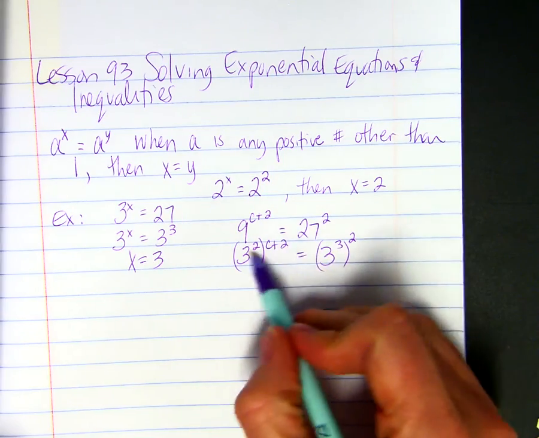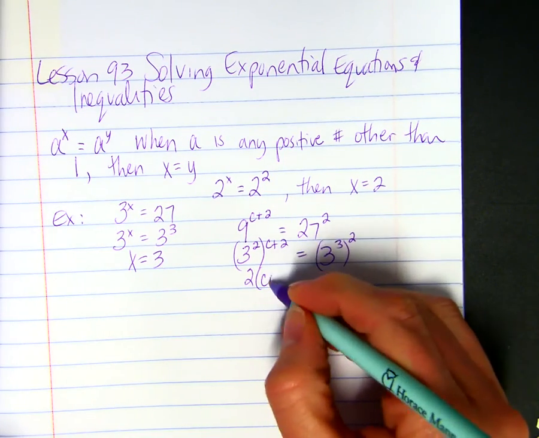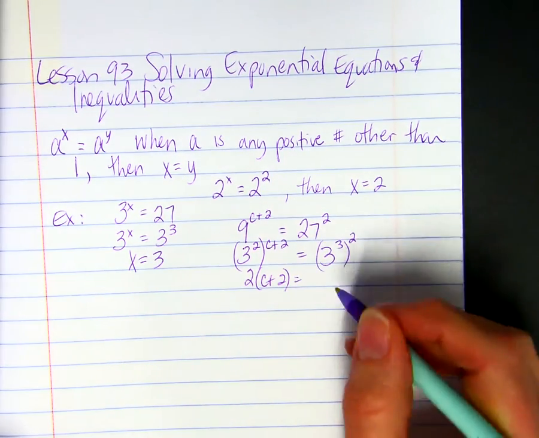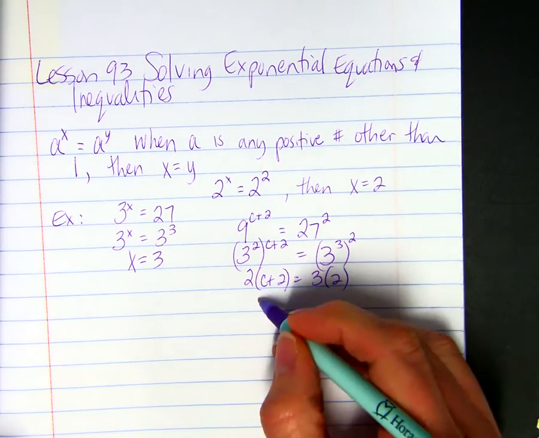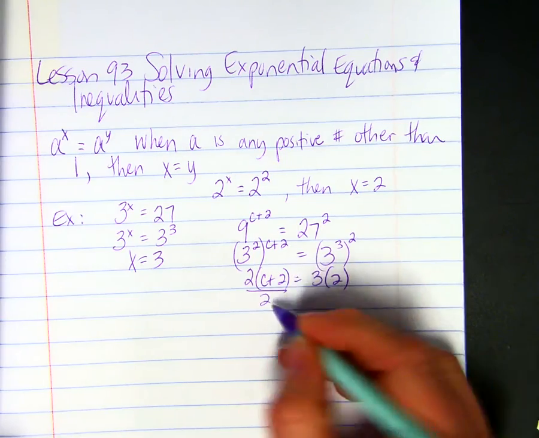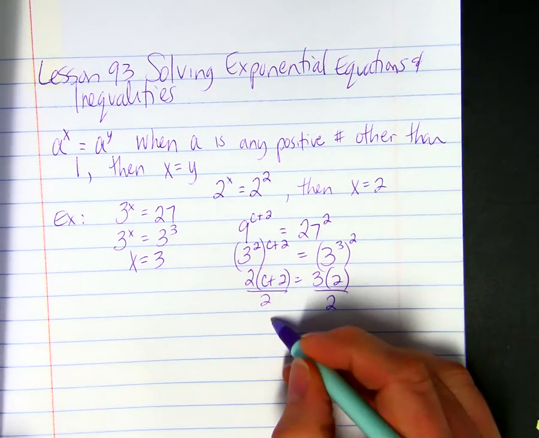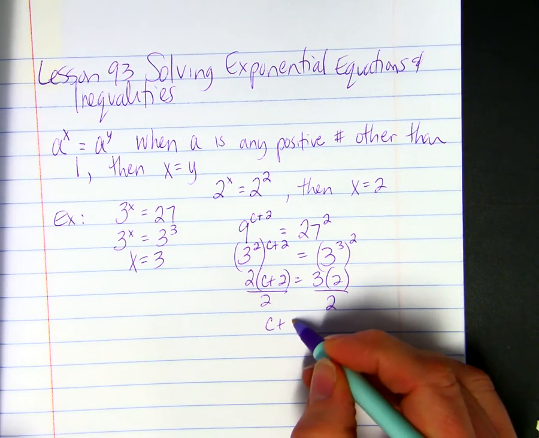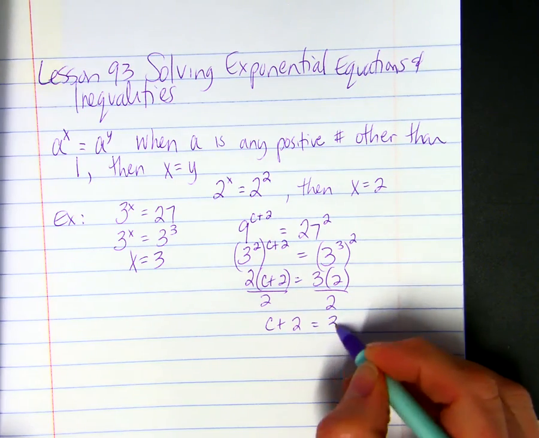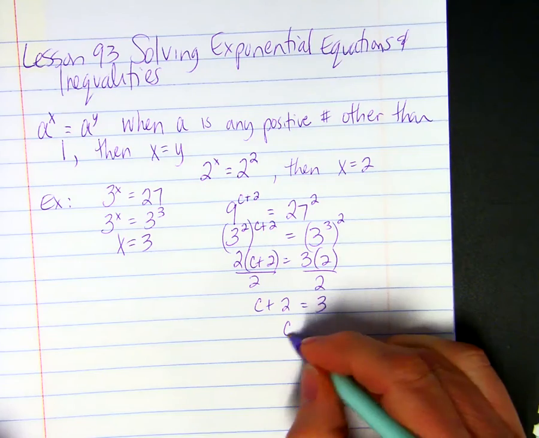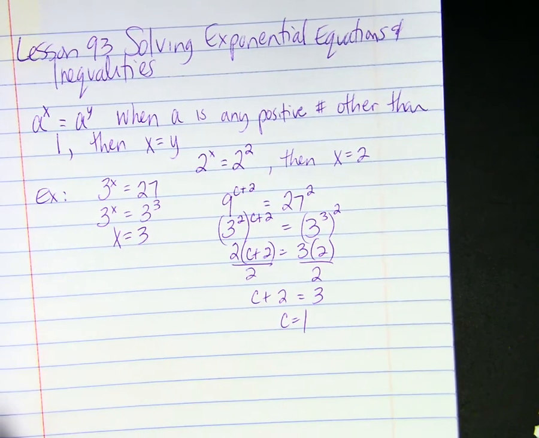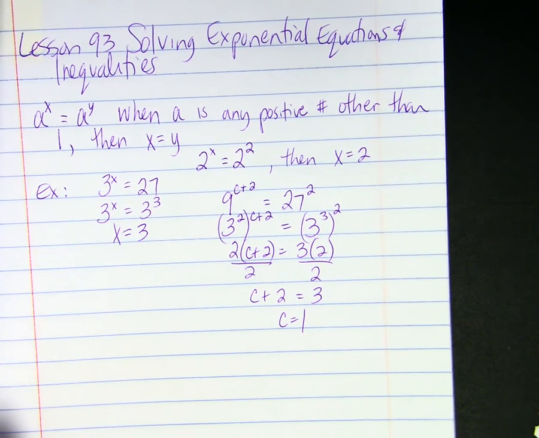So then we could say that 2 times c plus 2 equals 3 times 2, or 6. So I'm going to divide both sides by 2 so that I can say c plus 2 equals 3. Subtract 2 from both sides, so c equals 1. I was able to solve for that missing exponent.